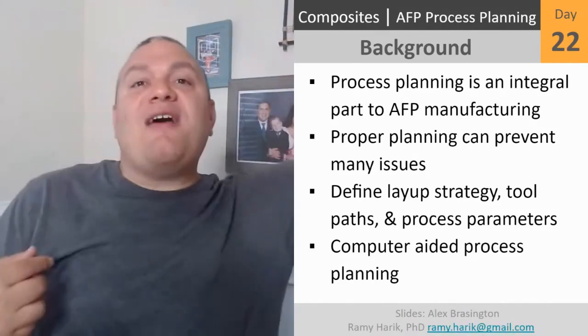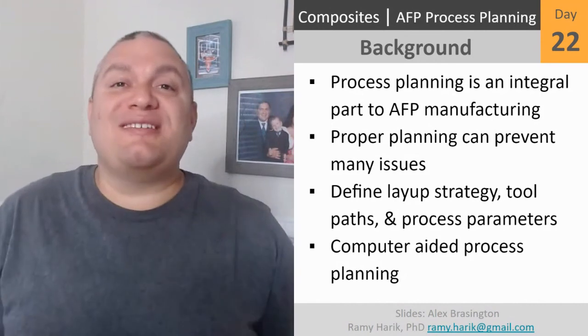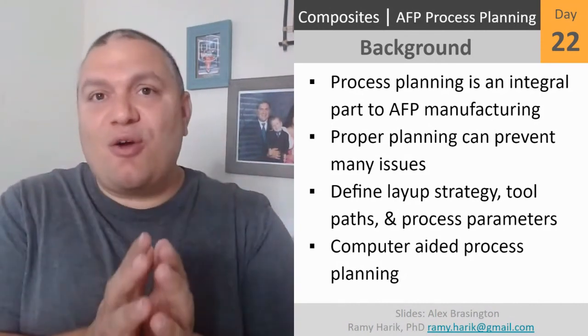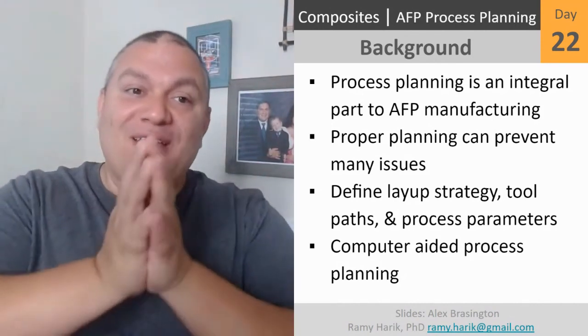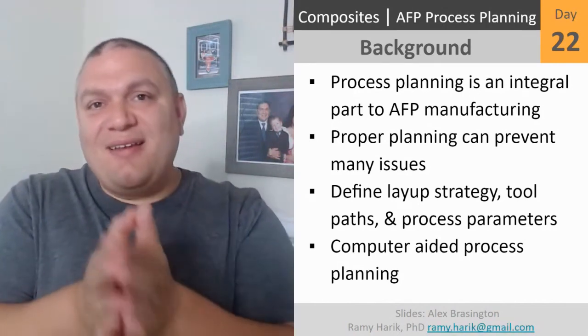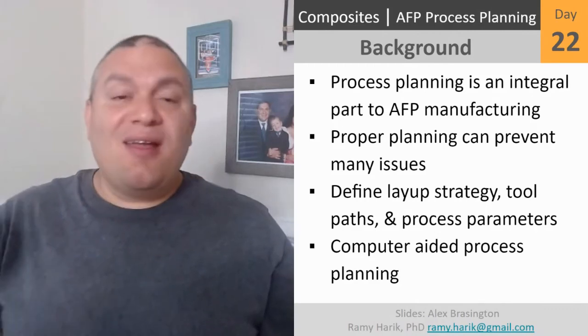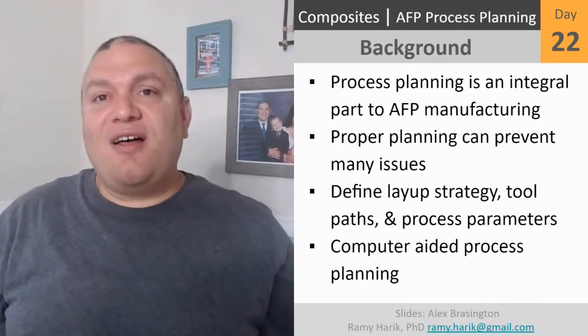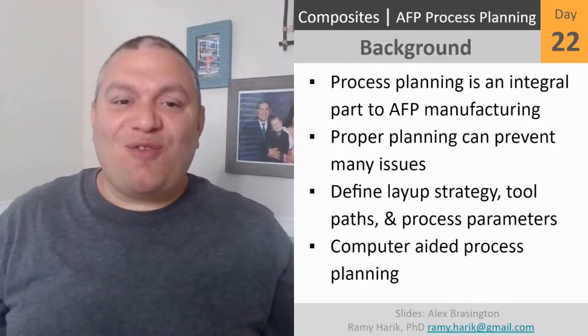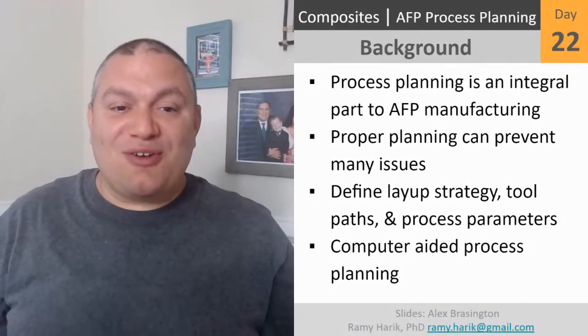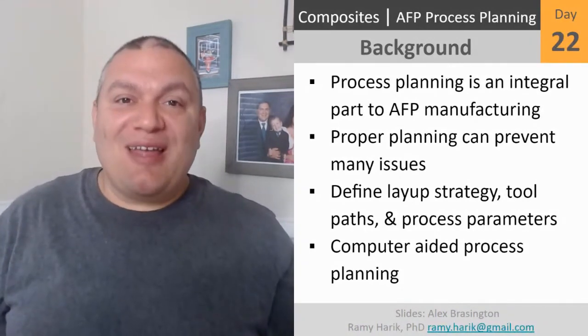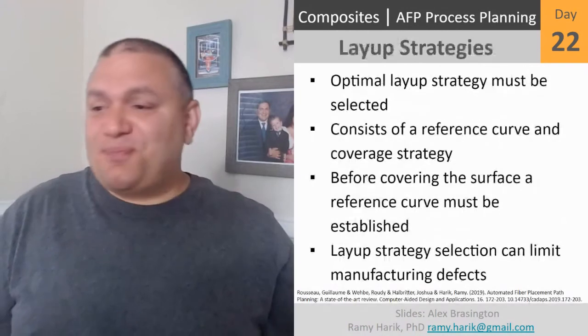Sometimes you can come up with a certain design and it meets your requirements, however you have an issue when it comes to manufacturing. So process planning requires a lot of definition of the layout strategy, of the tool paths, of the process parameters, and we're going to talk about that in detail.